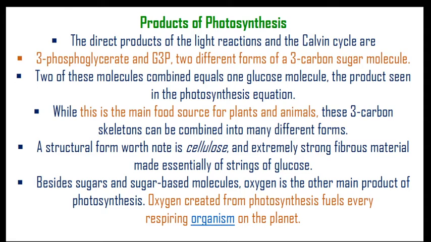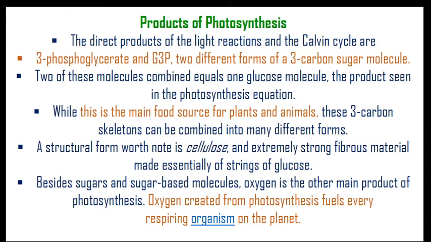The direct products of the light reaction and Calvin cycle are 3-phosphoglycerate and G3P, which are 2 different forms of 3 carbon containing sugar molecule. These 2 molecules combine and form a single glucose molecule.